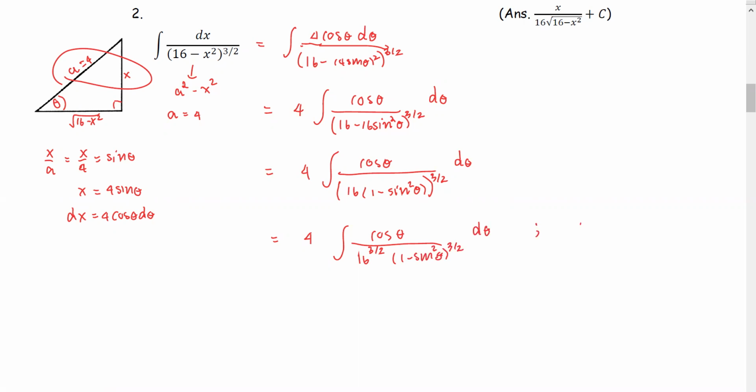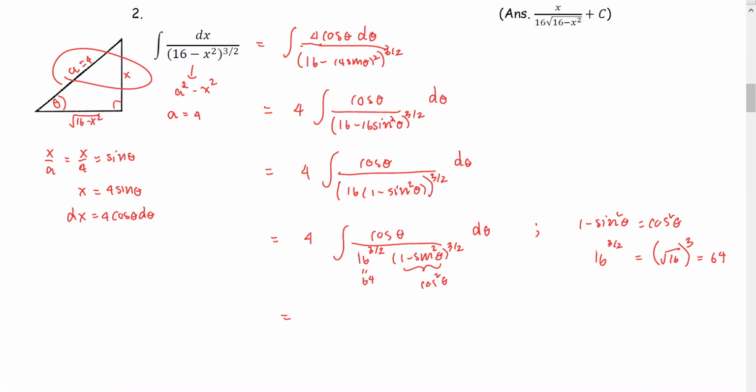We recall 1 minus sine squared theta is the same as cosine squared theta. And 16 to the power 3 over 2 is the same as the square root of 16 raised to the power 3, which is 64.